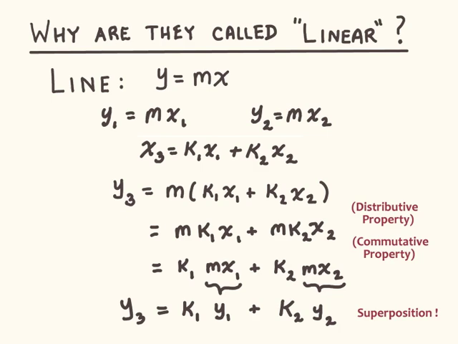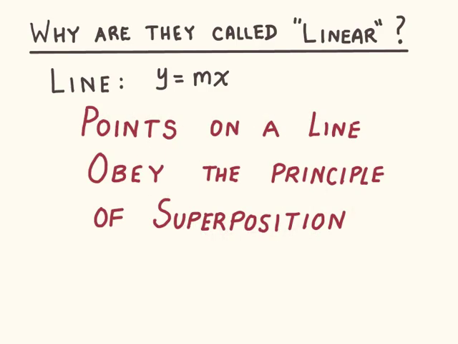And we'll find y3 is equal to k1 times y1 plus k2 times y2. So we have superposition. So why are these systems called linear? It's because they obey superposition. And points on a line also obey this principle.